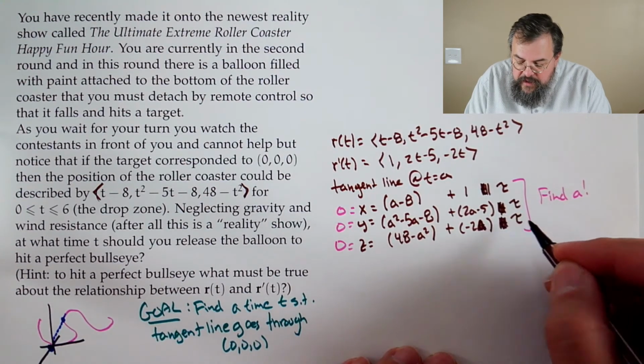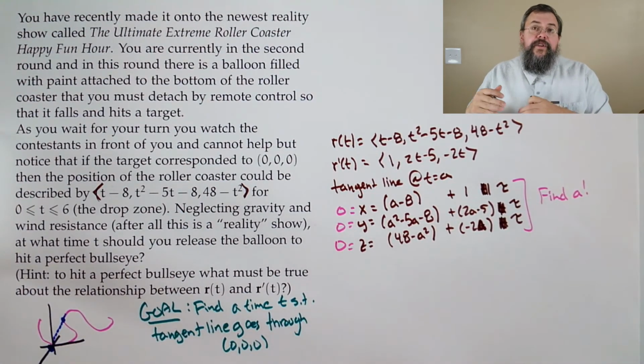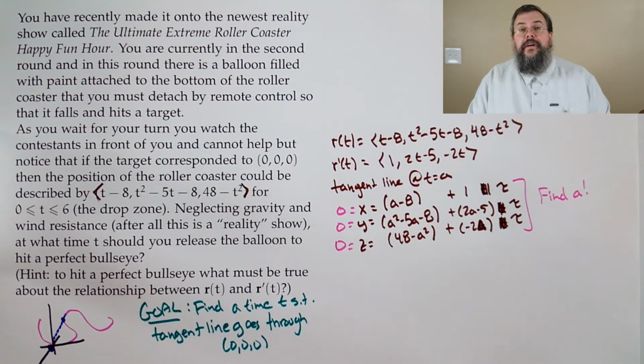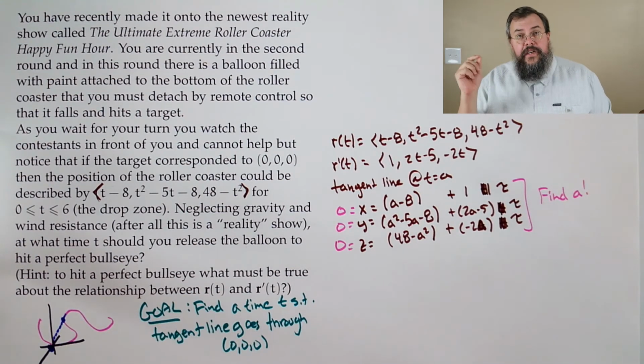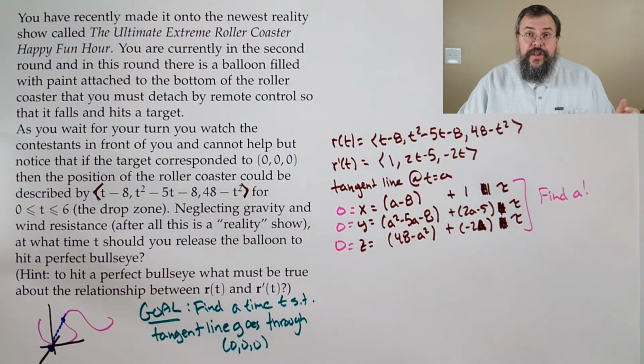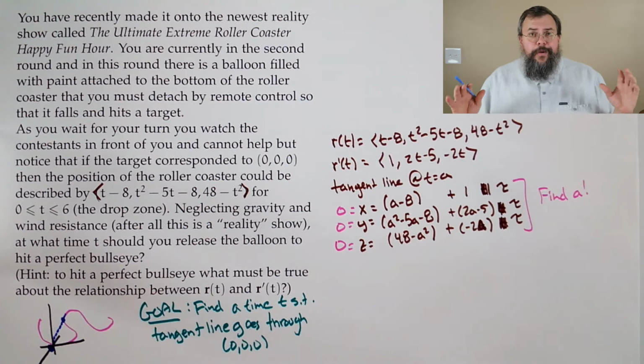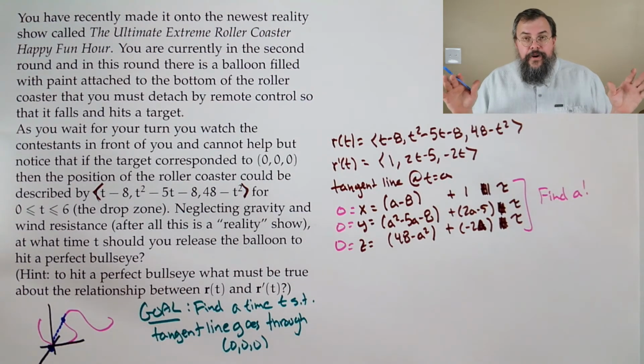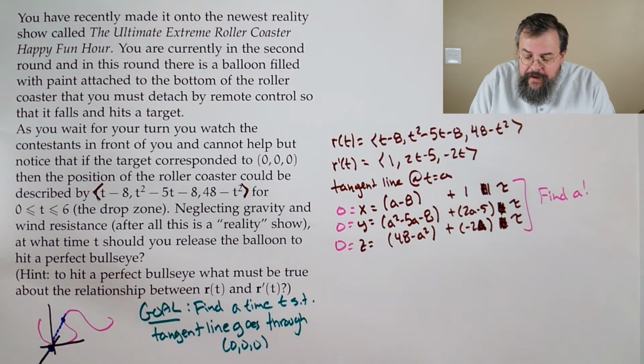Tau is for our tangent line, t is for when we're on the track. Oftentimes we won't distinguish these two, but it can lead to confusion if you're not careful. And we don't want to be more confused than we need to be.